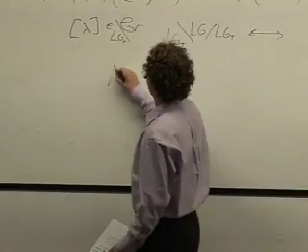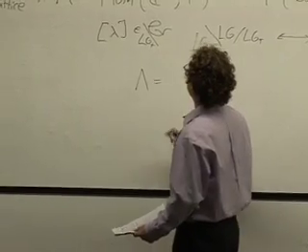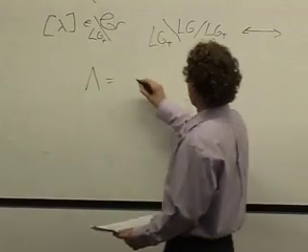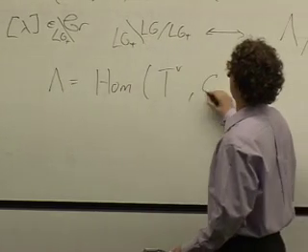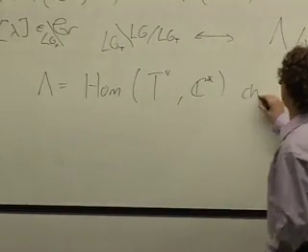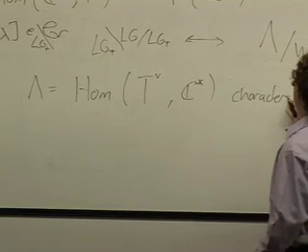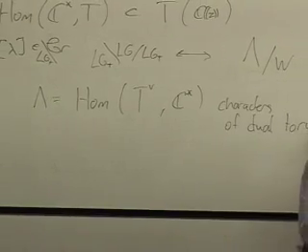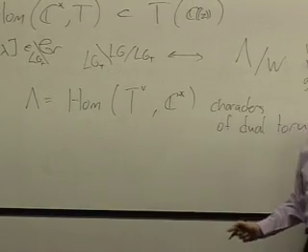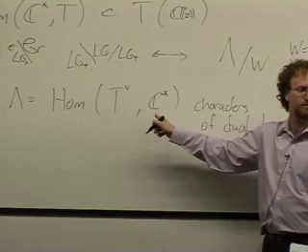So we can think of lambda mod W the following way. I'm going to think of these co-characters as characters of the dual torus. We take the torus T and we define the dual torus, which is essentially defined so that this is true.